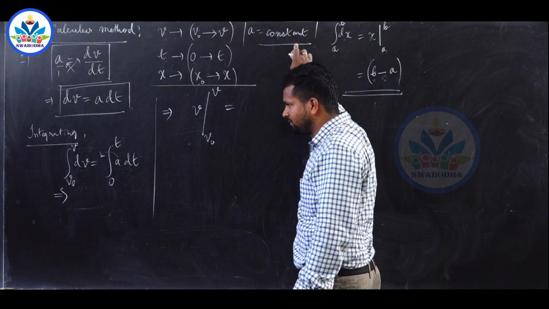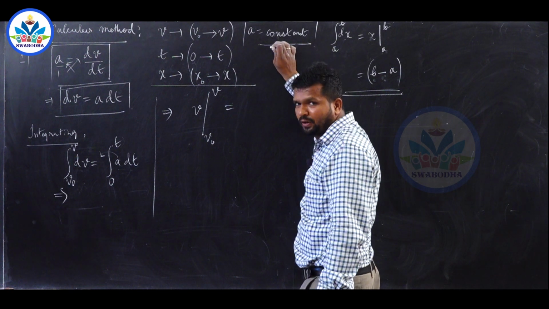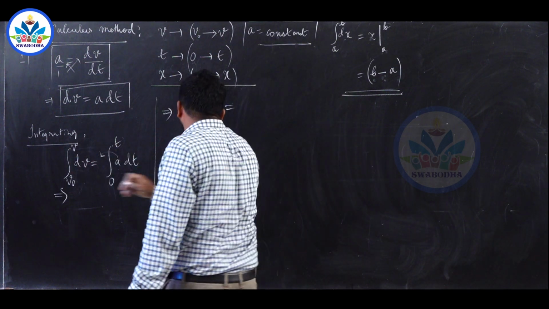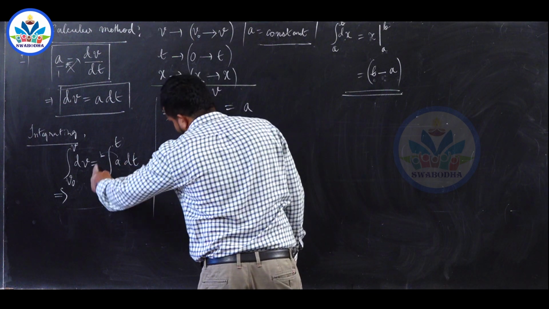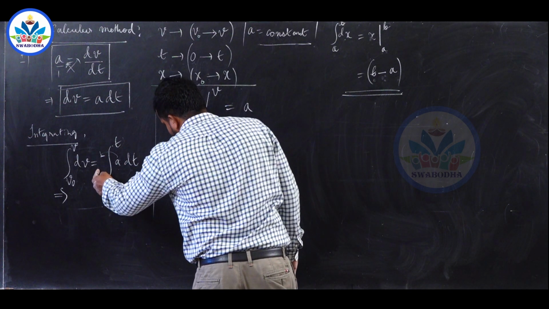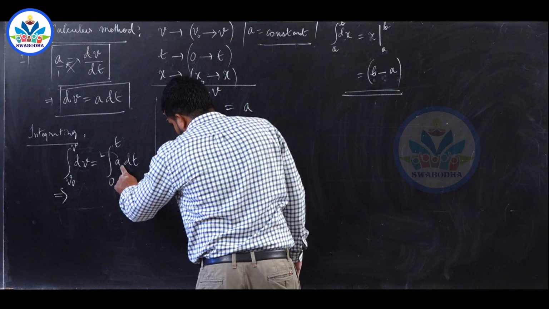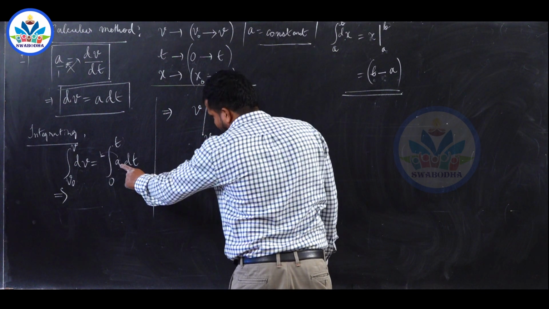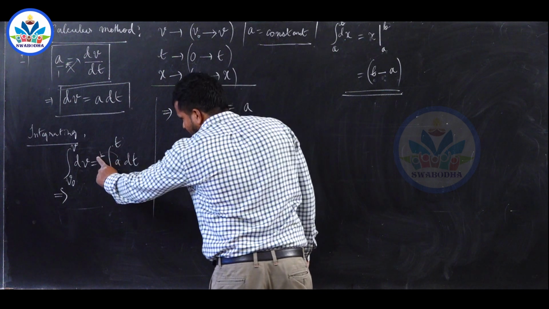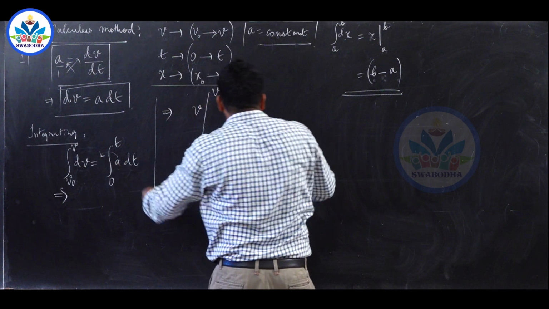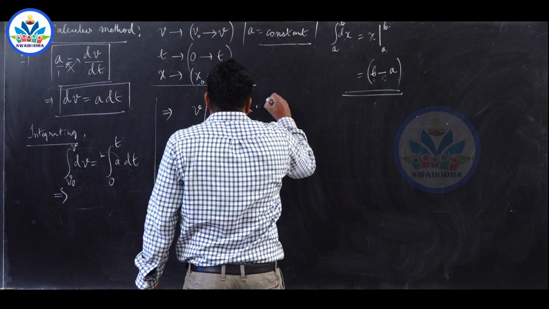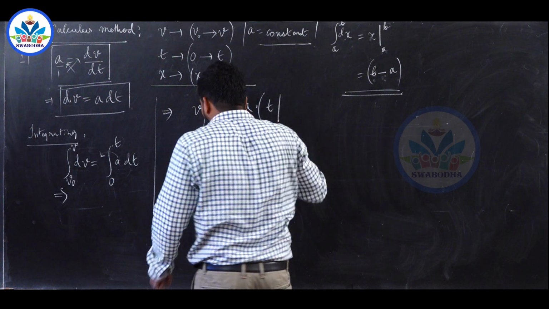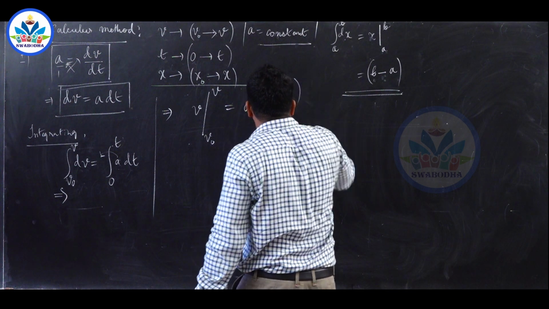Because it is assumed to be constant, it is not a function of time, so it simply comes outside. If it were a variable, you must integrate it, but now it is a constant. So a comes outside into the integration of dt, and integration of dt is t between the limits 0 to t.